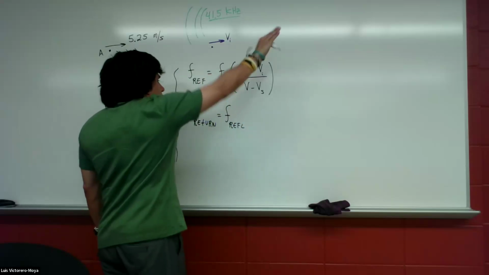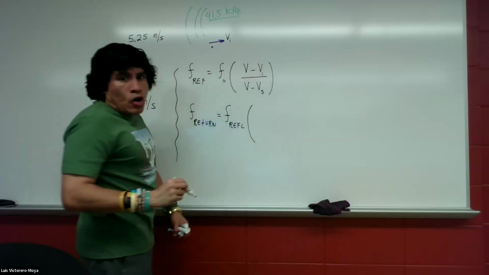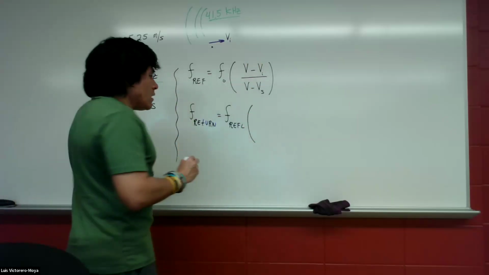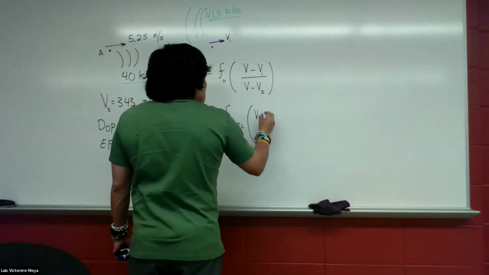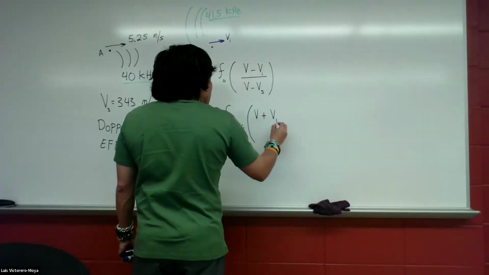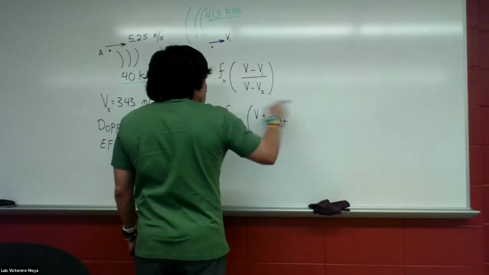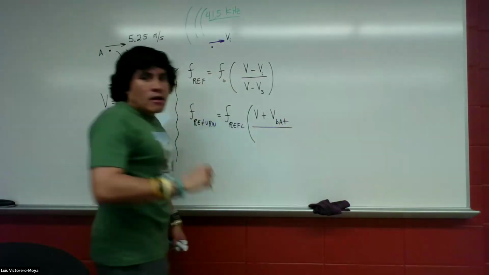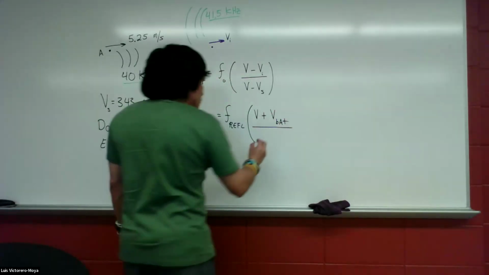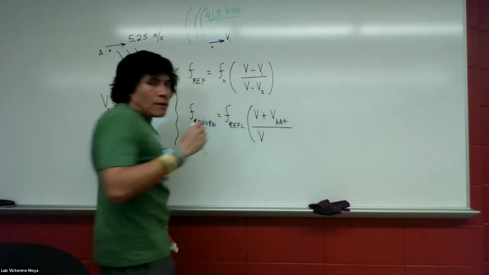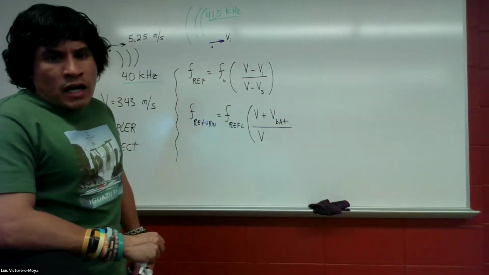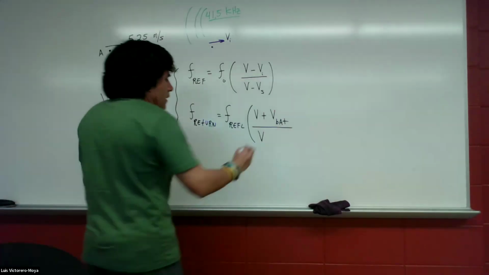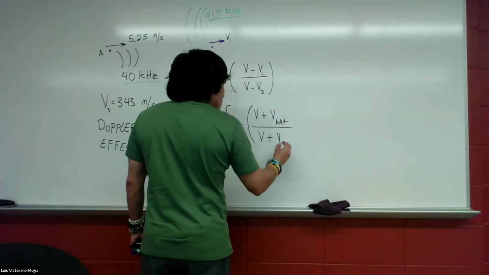And remember, the insect keeps flying away. So that will be V plus V of the bat, if the bat is going towards, divided by V plus the speed of the insect.